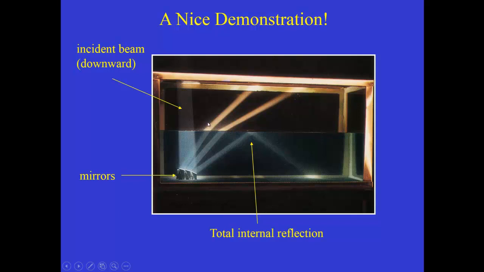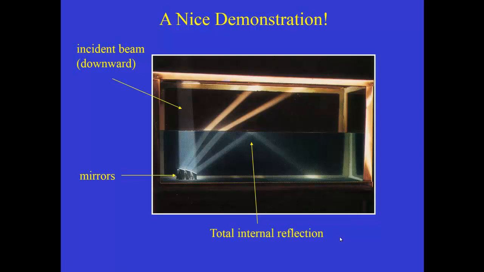And you can see that the first two beams have angles that are small enough where some of the light is refracted, transmitted into the air. But the last one on the right has an angle that's greater than the critical angle, and as a result, all of the light is reflected and none of it is transmitted. So that's a great illustration of this phenomenon of total internal reflection.